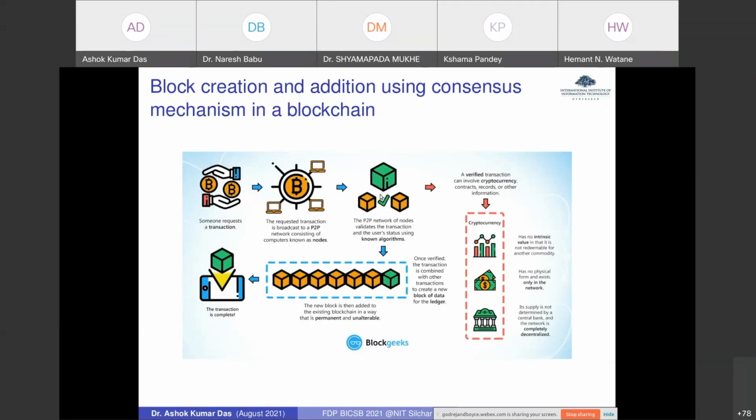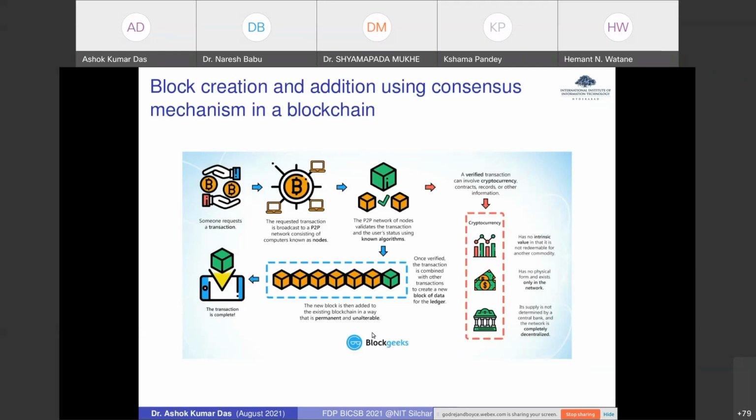Once the transaction is validated, it needs to be combined with other transactions in a block to create a new block of data for the ledger. After that, the new block is added to the existing blockchain. Once it is added, it is permanent and unalterable, that is, immutable.